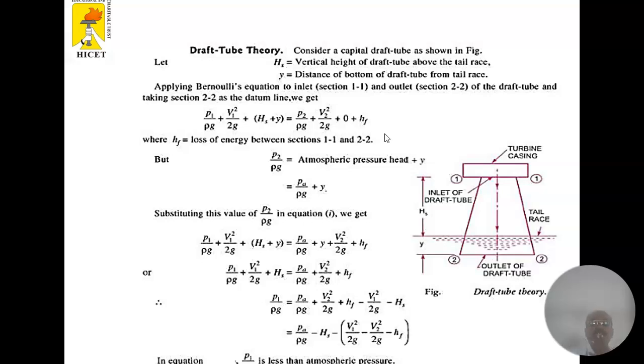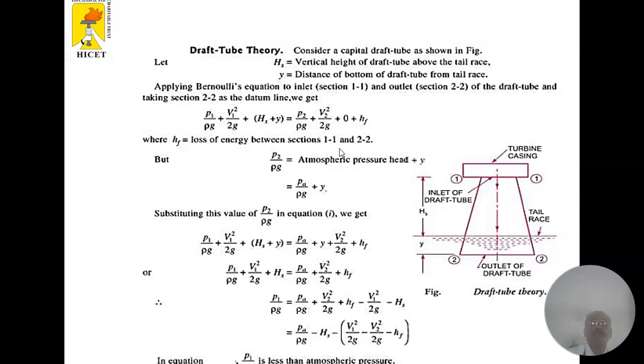Here at the exit, there are no losses, but loss of energy due to friction is also available. Here is the datum level, but in the inlet section 1-1, we have Z, the suction pressure head, and then the tail race. So the tail race head is also called as small tail.